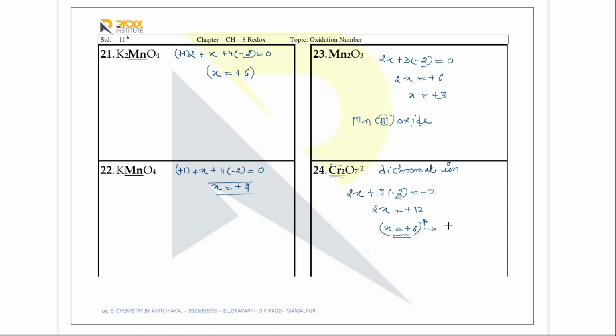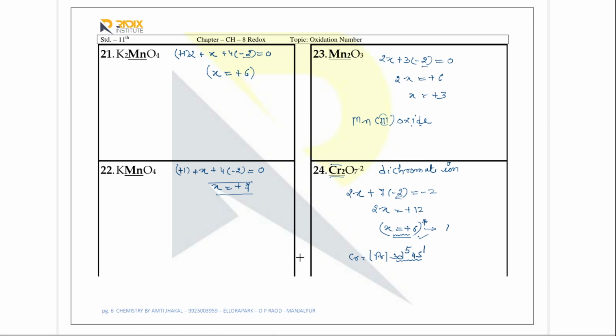For example, chromium's electronic configuration is argon 3d5 4s1. So there are 6 electrons. That means it can maximum donate 6 electrons, and our answer is also 6.